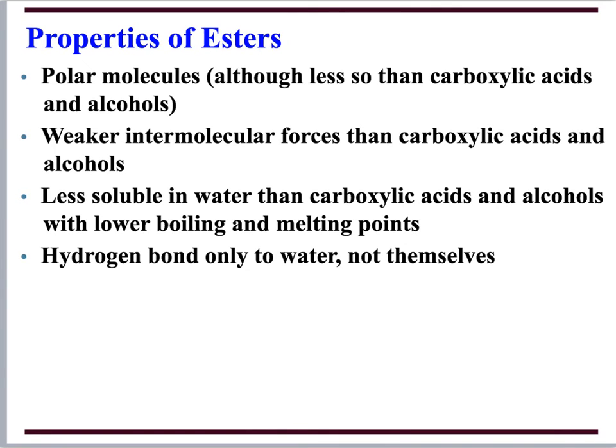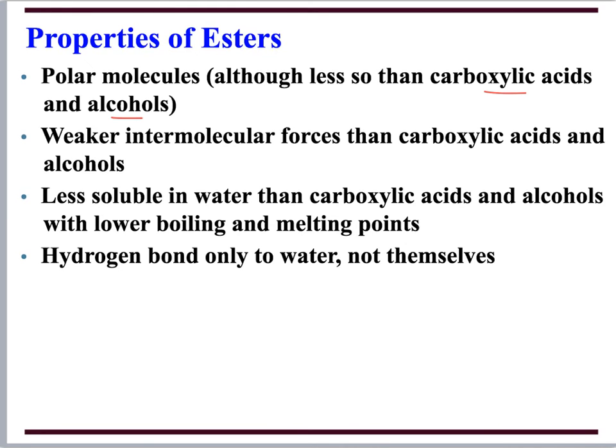Okay, so let's talk about properties for a second. Again, it's got that C double bond O, so it is a polar molecule. But remembering that carboxylic acids had the full OH on the end, so they had hydrogen bonding, and the alcohols had hydrogen bonding. So esters are polar, but not as polar as carboxylic acids and alcohols.